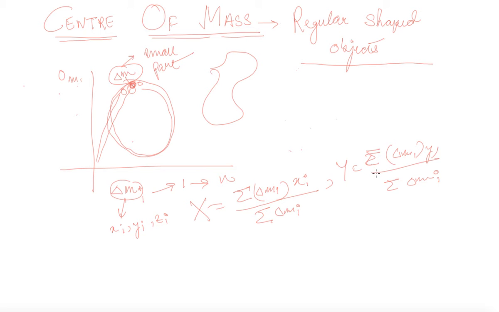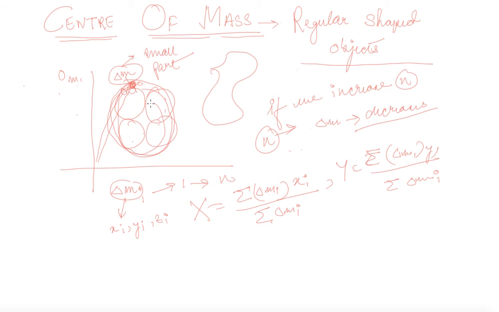Now as we make n bigger, where n is the number of particles in this whole body, the size del m decreases. This is a statement where you might get confused. So look over here: for this particular object I have taken 4 particles.